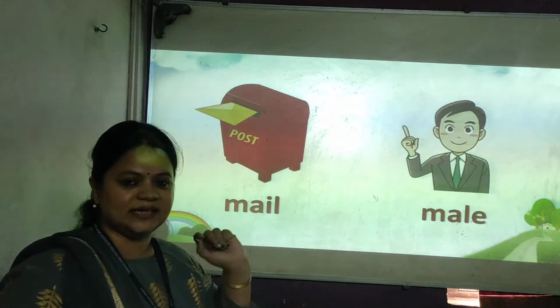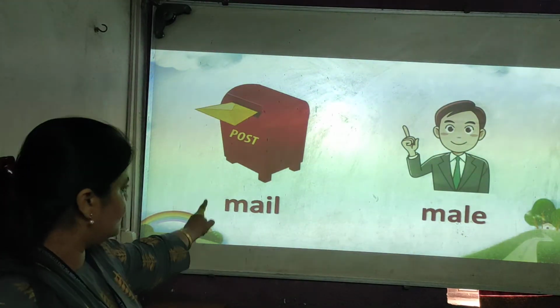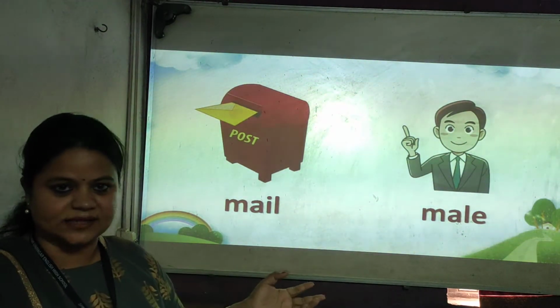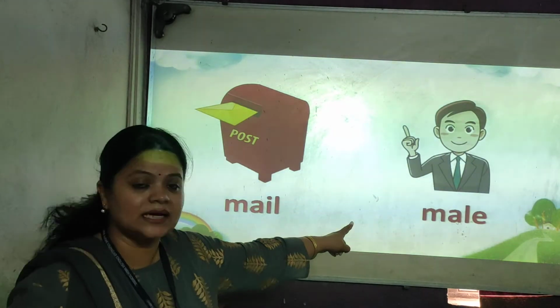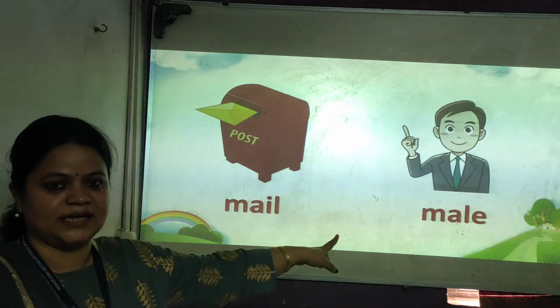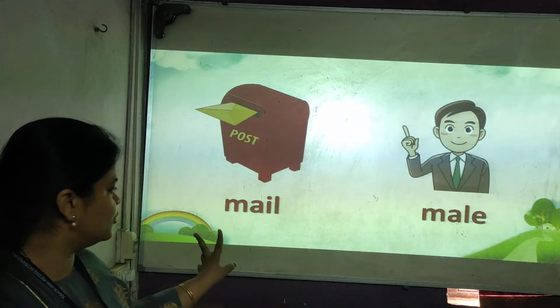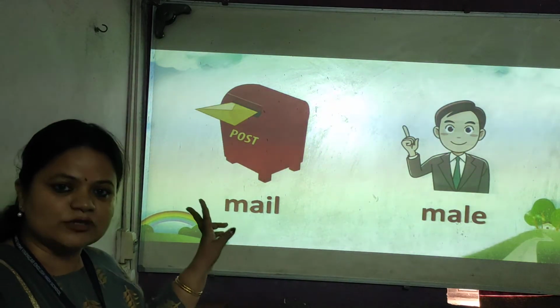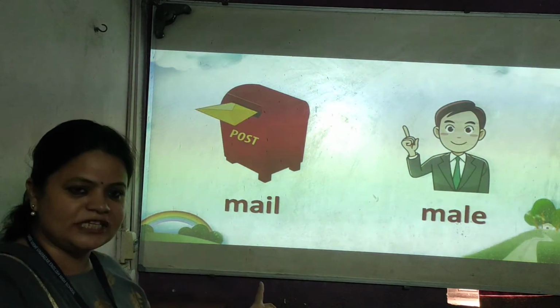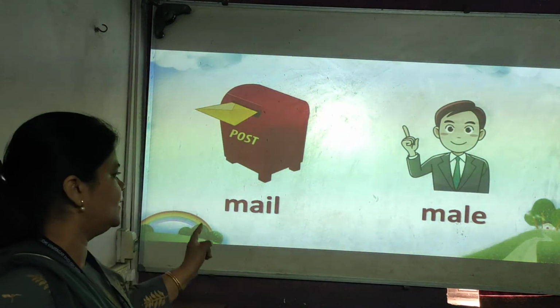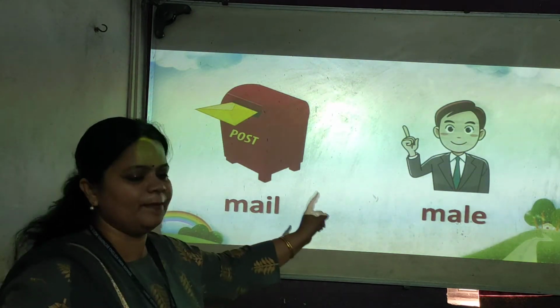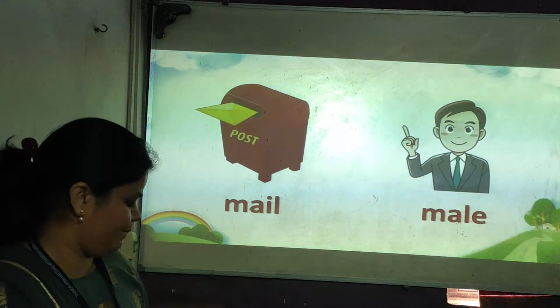So the spellings are different. Mail means to post letters, and that male is a masculine gender. It's a man. So both the words have different meanings and different spellings, but when you read both the words, they sound the same.